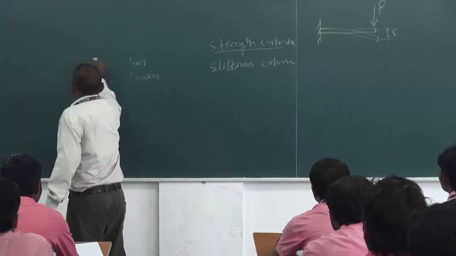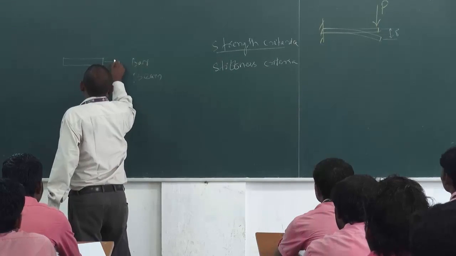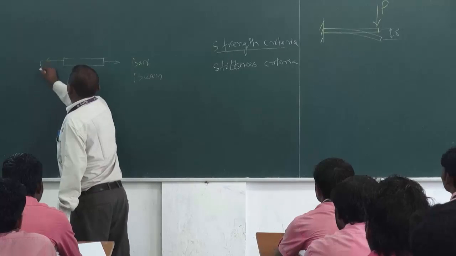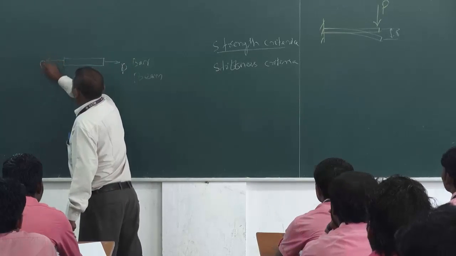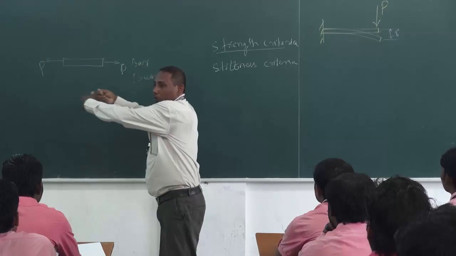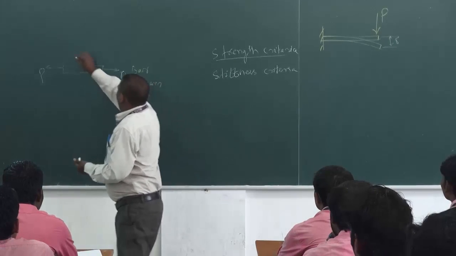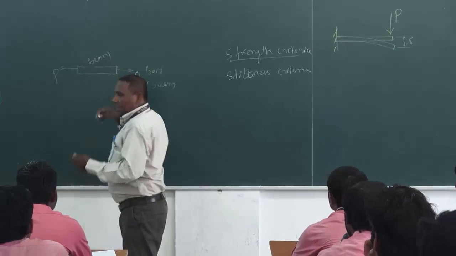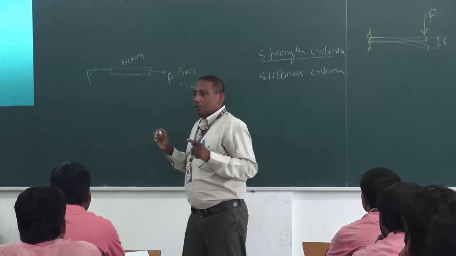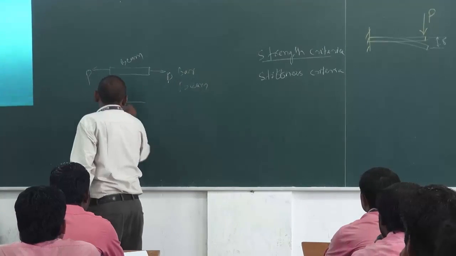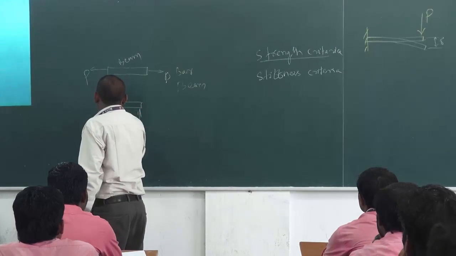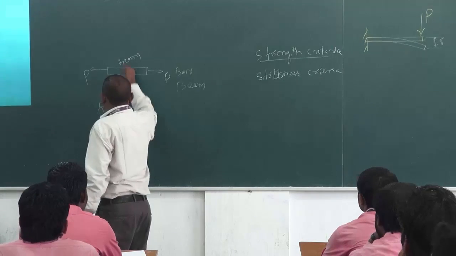This is an example of a bar, with axial loads P and P. Either the axial load acts as a pull or as a push. And what is a beam? It is a mechanical member which is applied with transverse loads, like that.